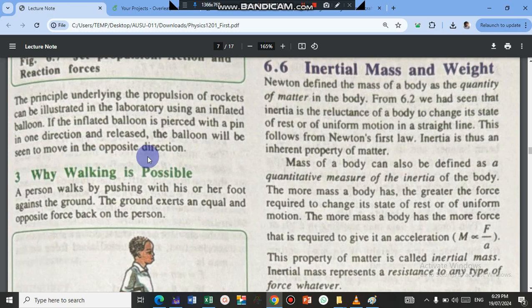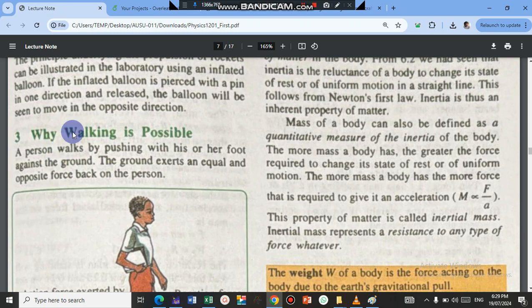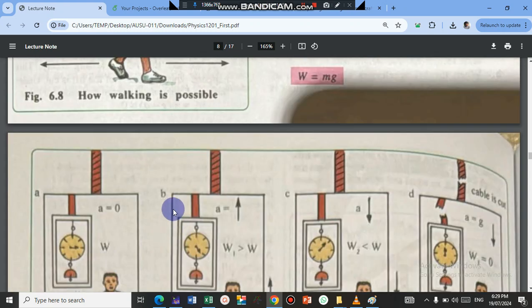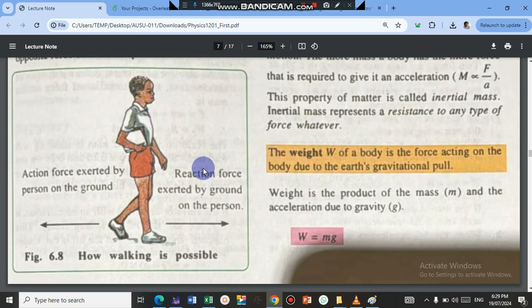Now the third application is Newton's third law: action and reaction are equal and opposite. The third law is the reason why walking is possible. If a man is walking, look at what is happening here. The action force is exerted by the person on the ground.